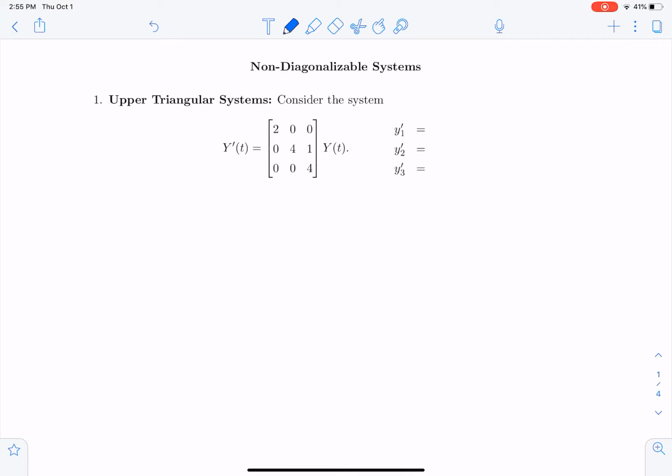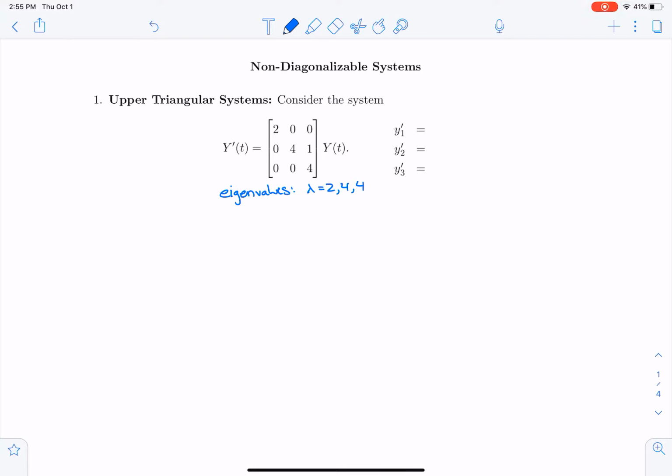What that means, of course, is that there are repeated eigenvalues. So maybe we should make that point here. There are repeated eigenvalues: lambda is 2, 4, and 4. There's an eigenvector that corresponds to lambda equals 2, and there's an eigenvector that corresponds to lambda equals 4.